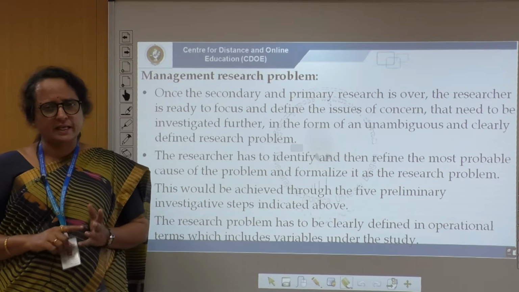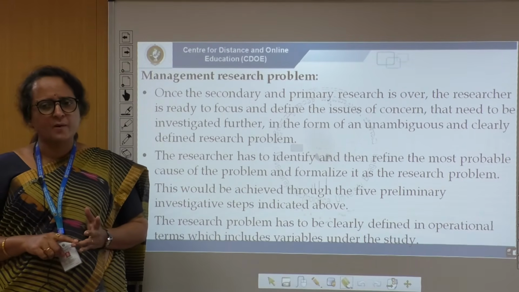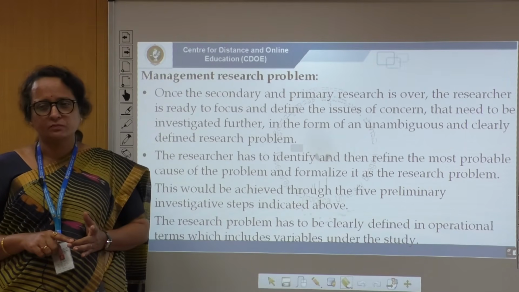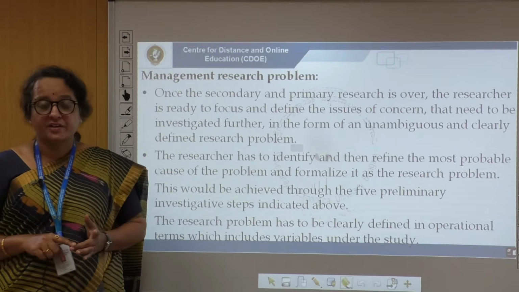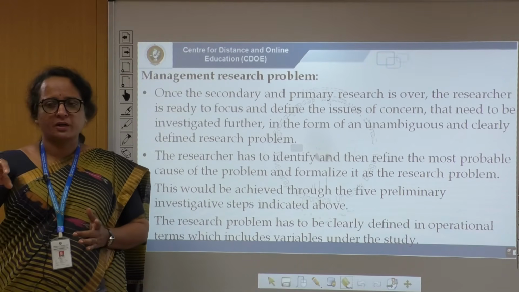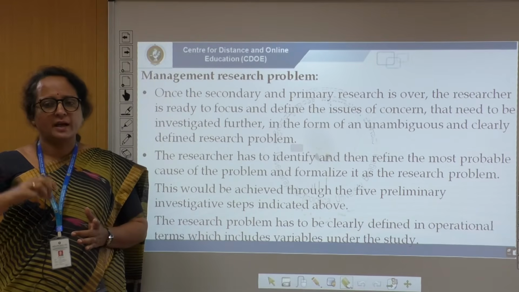Once the secondary and primary research is over, the researcher has to focus and define the issues of concern that need to be investigated further. What is the main issue faced by the decision maker? What information is to be gathered?